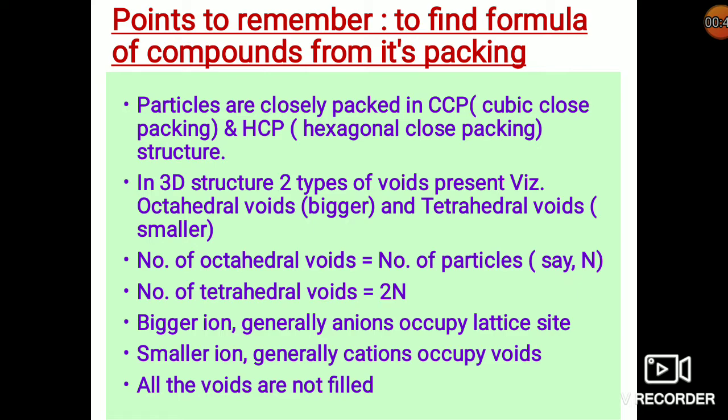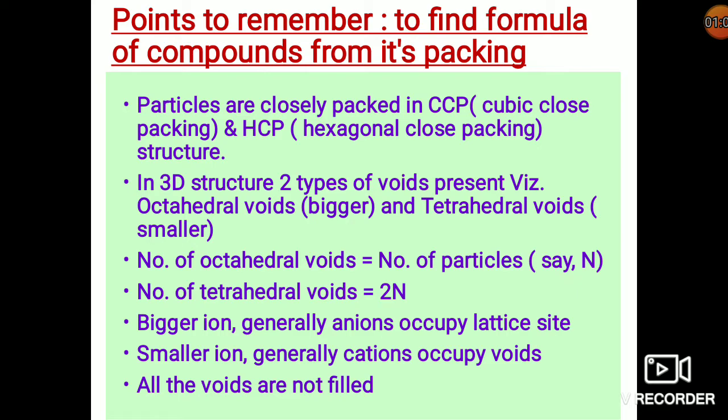The second point to remember is that in a 3D structure there are two types of void present. A void is the empty space that is left vacant in the 3-dimensional packing of solids. Now there are two types of voids.